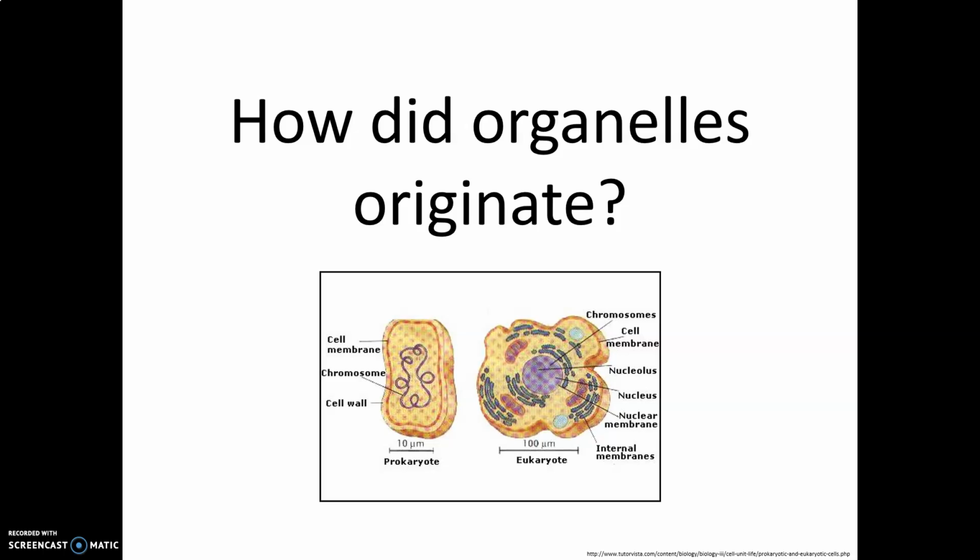So remember, when we talk about evolutionary history, we go from simple to more complex. And out of prokaryotes and eukaryotes, which one is simpler? Those prokaryotes, right? You see this prokaryote and how it doesn't have all the stuff you find in the eukaryotes. So we think that evolved first, and then over time, a prokaryote got really fancy and evolved into what we now know as a eukaryote.